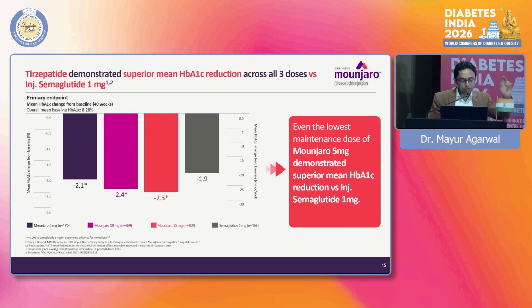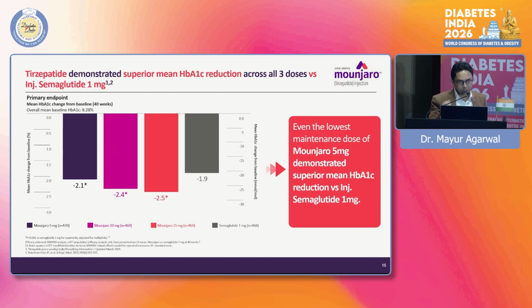Okay, so here we are comparing this. An important interpretation is, even when you're comparing the maximum dose of semaglutide in diabetes versus the minimum dose of tirzepatide, still HbA1c reduction is higher with 5 mg. This is the importance of this slide. 2.1 for 5, 2.4 for 10 and 2.5 for 15 mg.